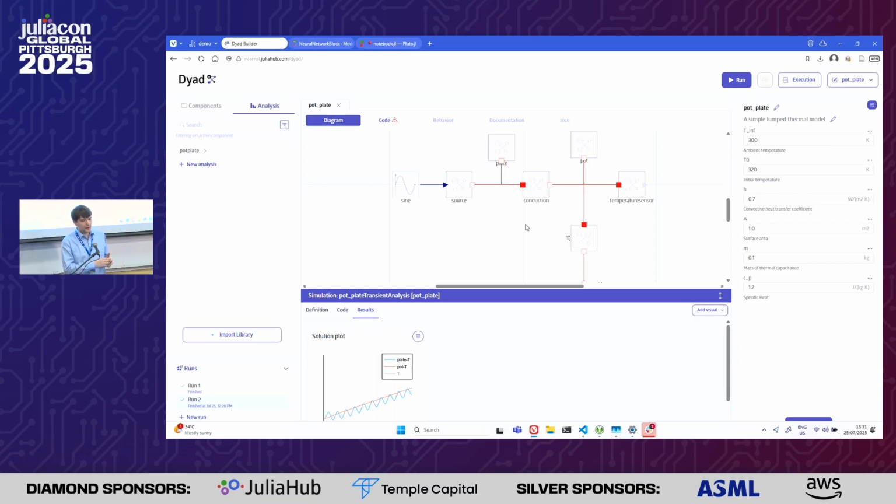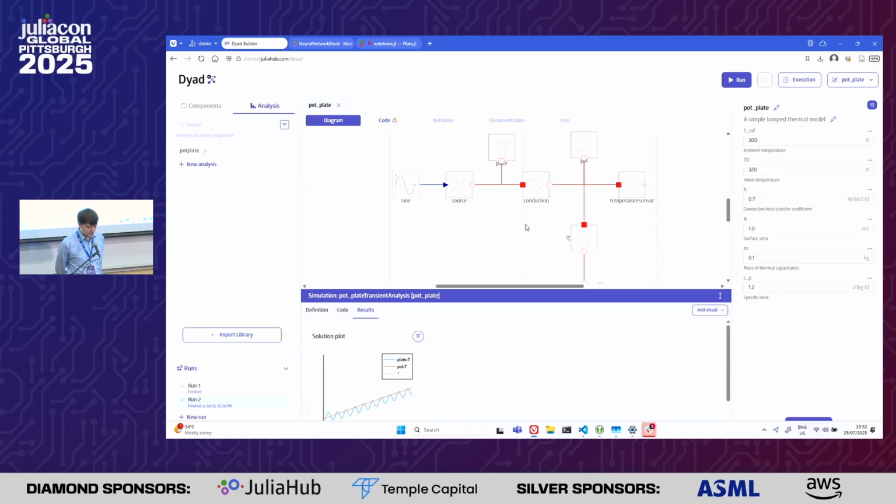This helps encode the physics better, and then you can create your own blocks that encode the physics of the problem and apply the right constraints from the physical standpoint. And this is upcoming, so it will be available soon.